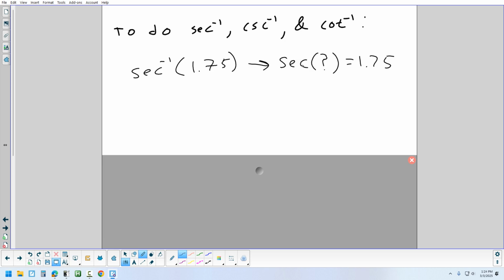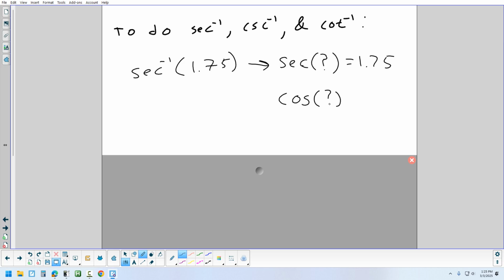Anybody remember what was in the same row as secant? Cosine. Yes. So if you know that the secant is 1.75, you also know the cosine.